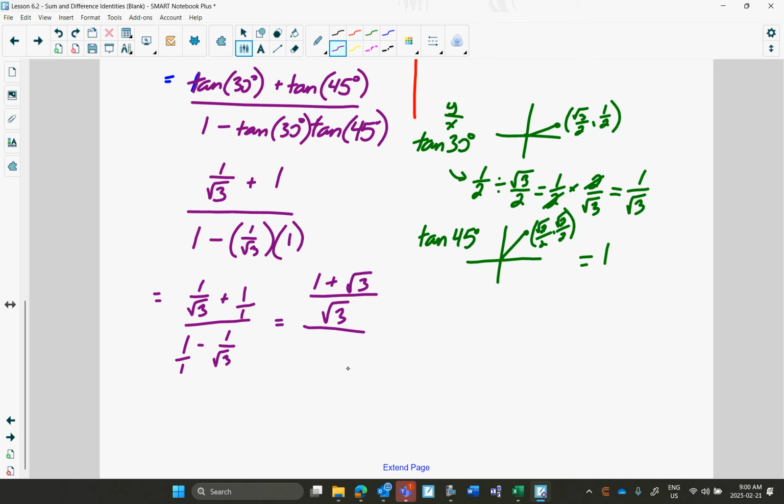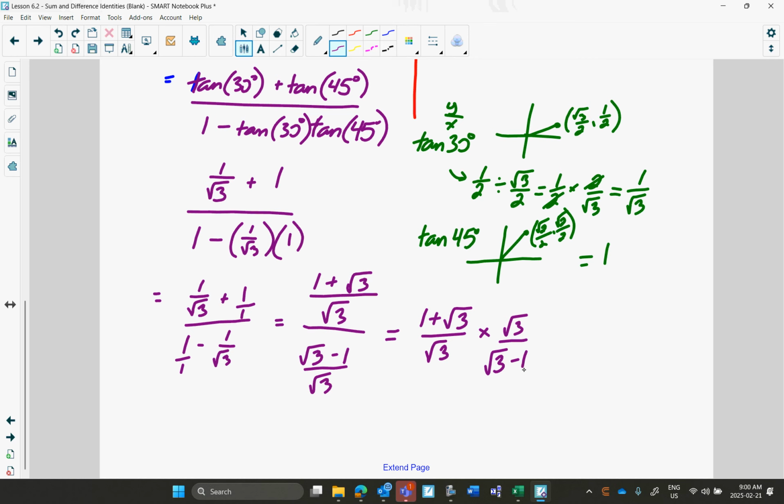Same common denominators on the bottom, root 3, except it's reversed this time. I have to multiply this by root 3 over root 3 to get the same denominator. This is already over the common denominator. And now I've got to change this to a multiplication question: 1 plus root 3 over root 3 times the reciprocal of this bottom fraction, root 3 over root 3 minus 1.